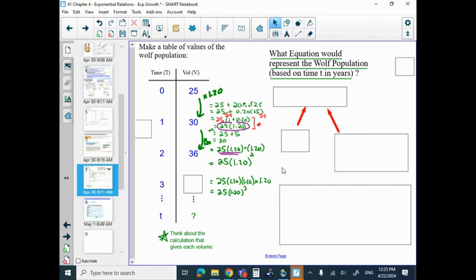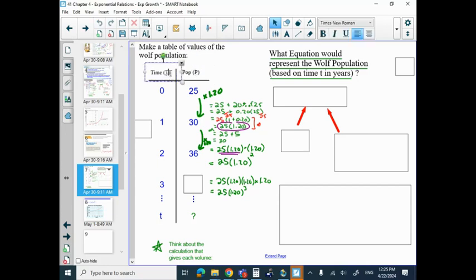So for the population of the wolves, oops, I copied and pasted my table and kept the word volume there. This should be population. Population P, and this could be number of years N. I might have to change my other equation as well.